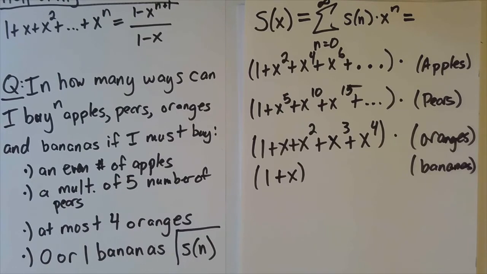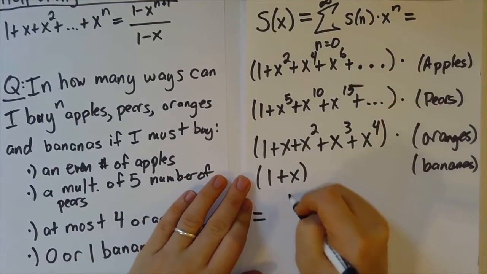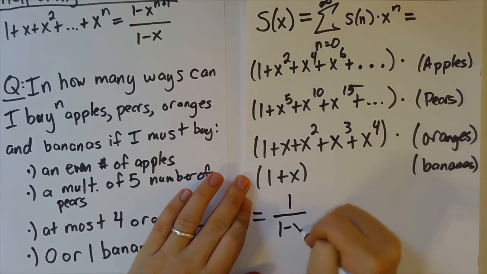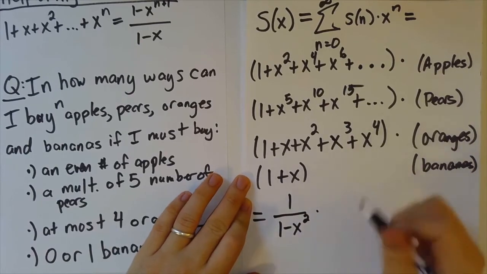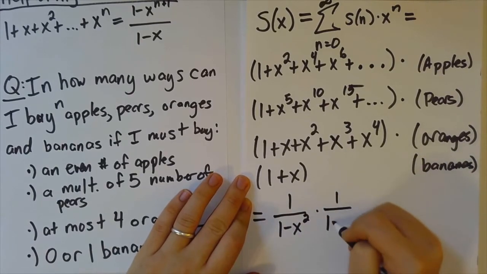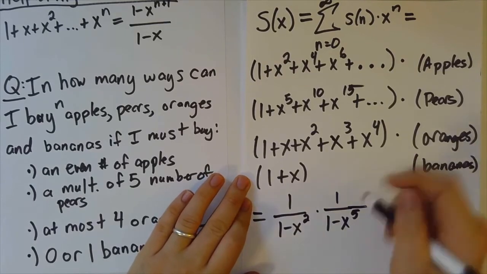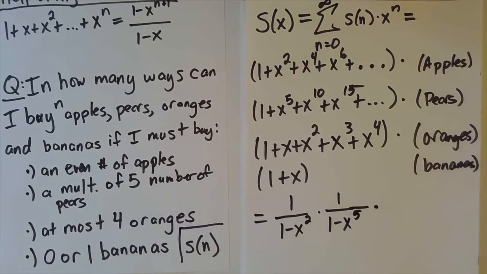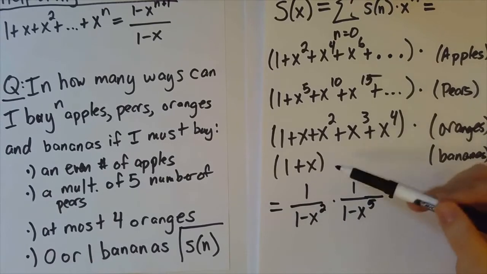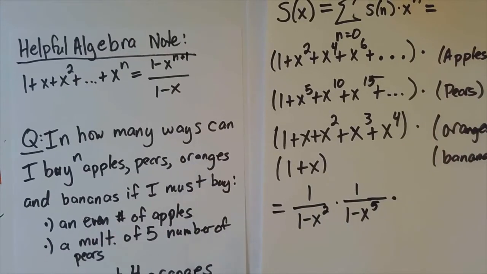Now, we can simplify this a good bit, because the first term here is 1 over 1 minus x squared. The second one is 1 over 1 minus x to the 5th. Actually, I can write these two using the helpful algebra note from the beginning of the day.